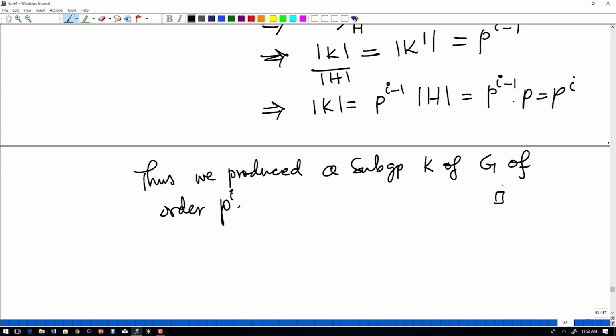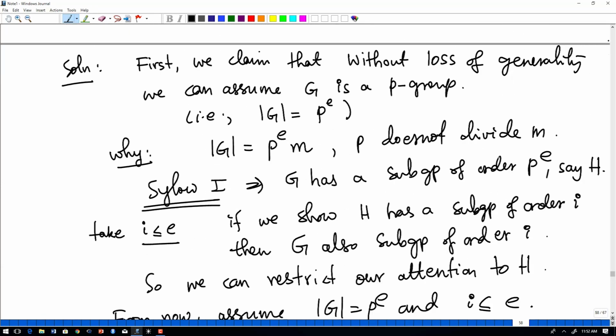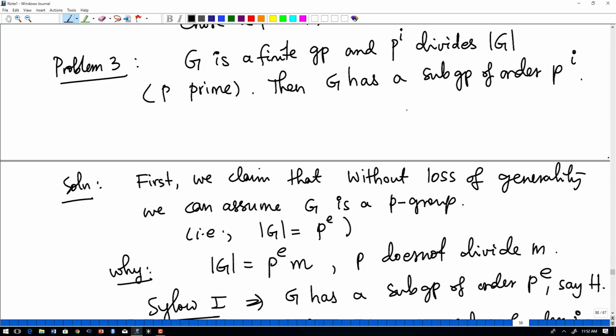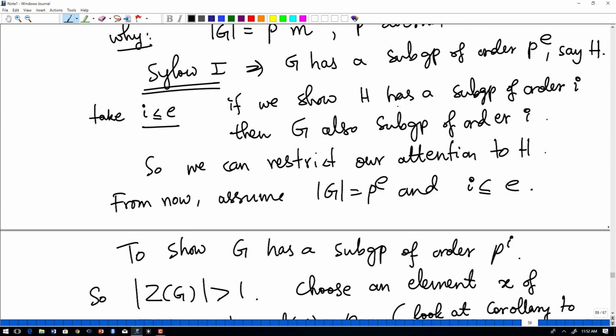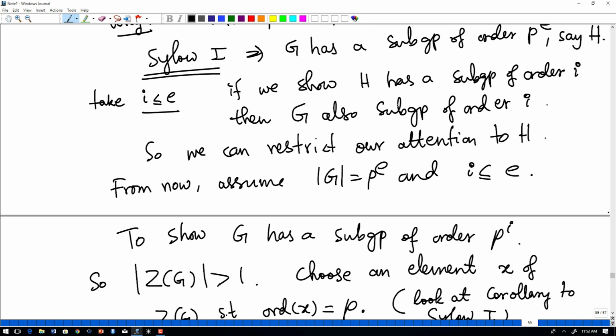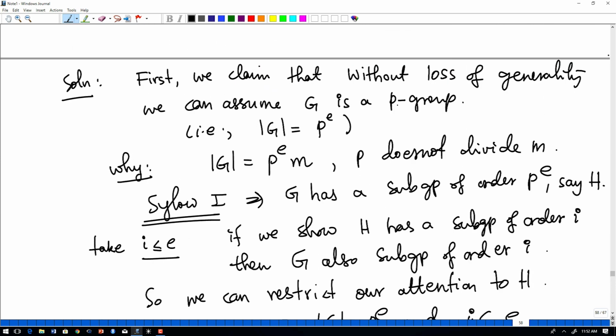Remember, this was the problem. The problem was to show that if you have a group G such that p power i divides the order of G, then there is a subgroup of order p power i. First, using the first Sylow theorem, we have reduced to the case that G has order p power e. That was the crucial restriction, and that needed Sylow's first theorem.